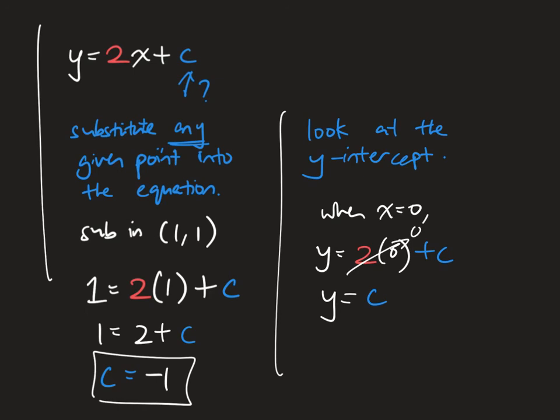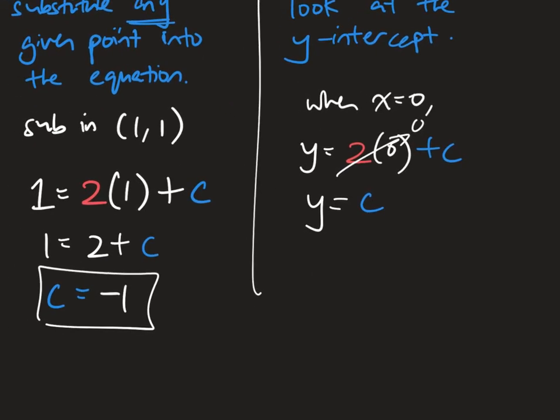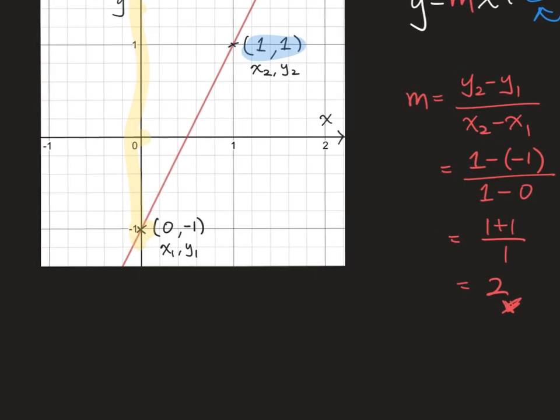So as long as I substitute in x equals 0, I can find that y will equal c. So why don't I try that? I will see that when x equals 0, y equals negative 1.